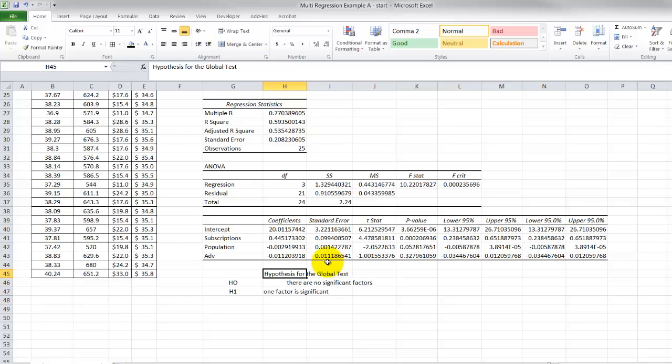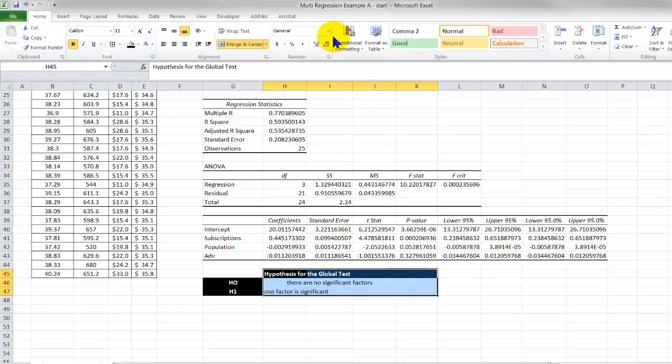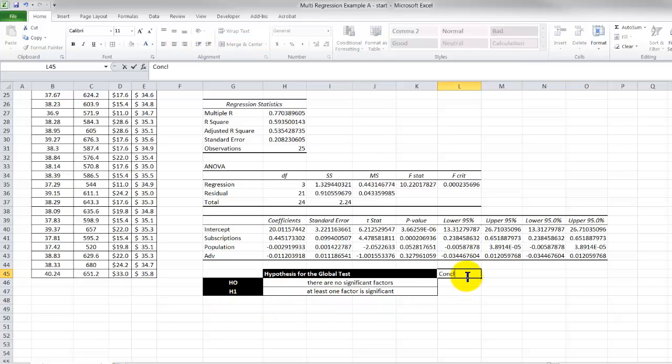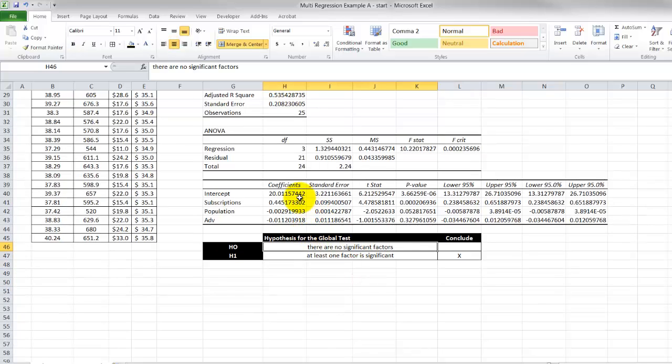Okay, let's apply some general formatting here, and that's probably good enough. Okay, so we have our initial hypothesis statement. Since we can conclude that at least one is significant, we might as well investigate this further and look at the very next table.